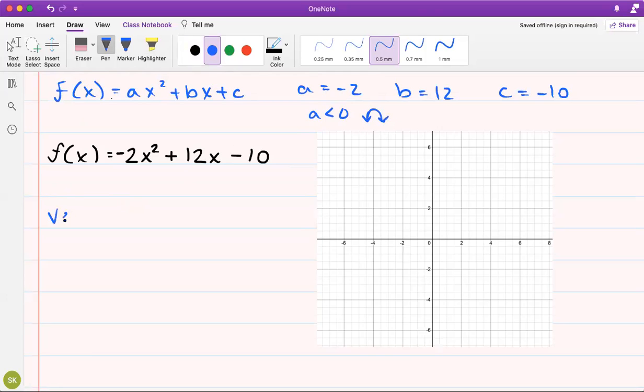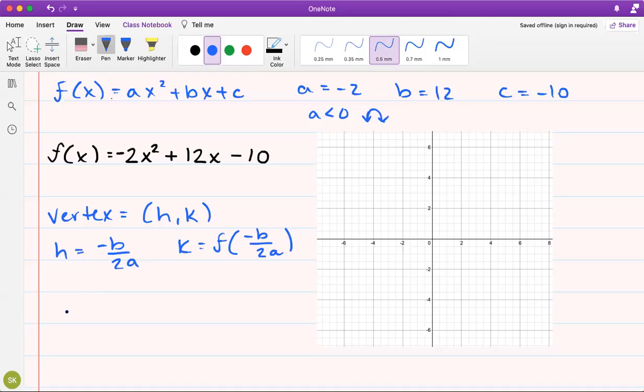Let's find the vertex. The vertex is equal to the ordered point (h, k), where h is negative b over 2a, and k is the function evaluated at negative b over 2a. So let's find h first.